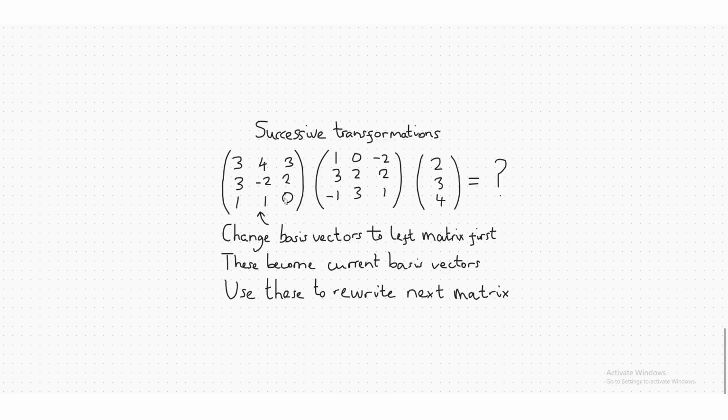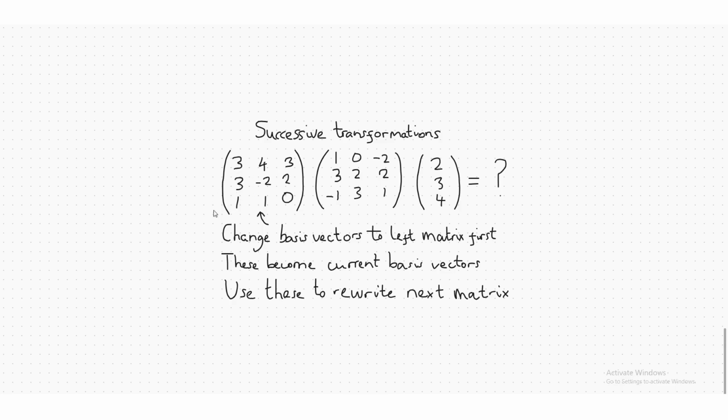So now our basis vectors are changed to this matrix's columns, right? But now we have to apply this one. Now the way we do that is this tells us the amount of the first basis vector in our new first basis vector. Whereas before, the current first basis vector was x. Now they've been changed. So the first current basis vector is this changed one here, right?